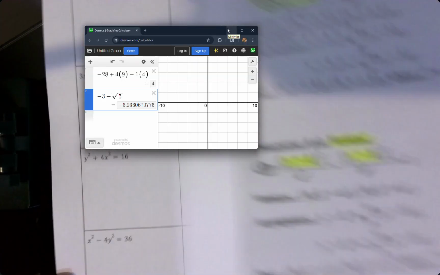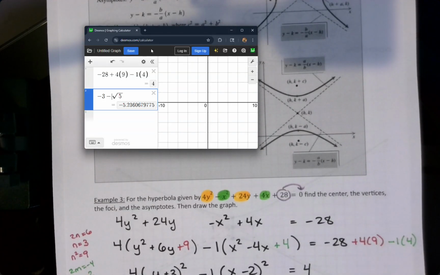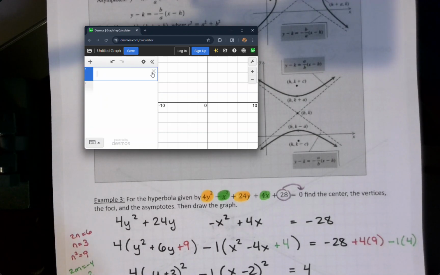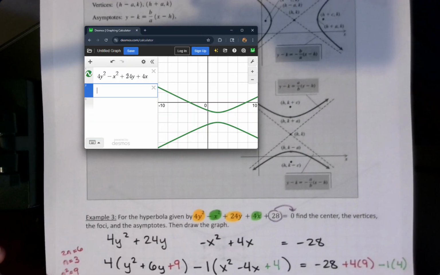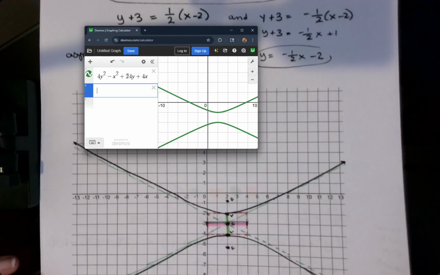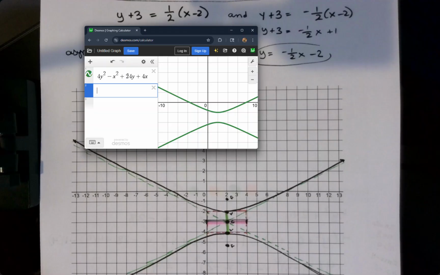The original equation here, we had ourselves 4y squared minus x squared plus 24y plus 4x plus 28 equals 0. So already I can see that nice wide hyperbola. The center of my hyperbola was supposed to be at (2, -3).